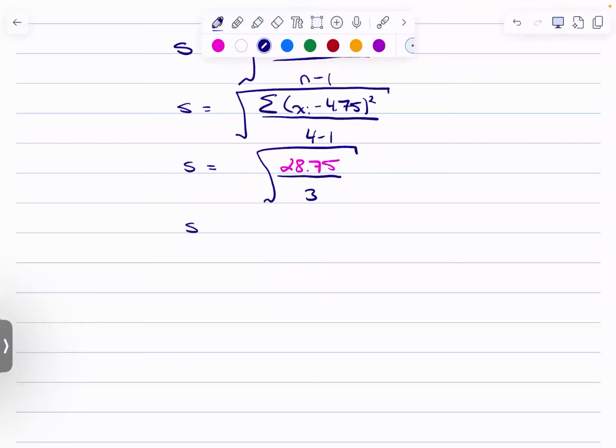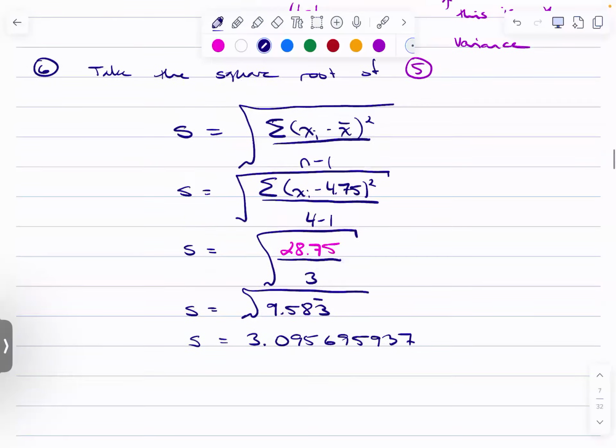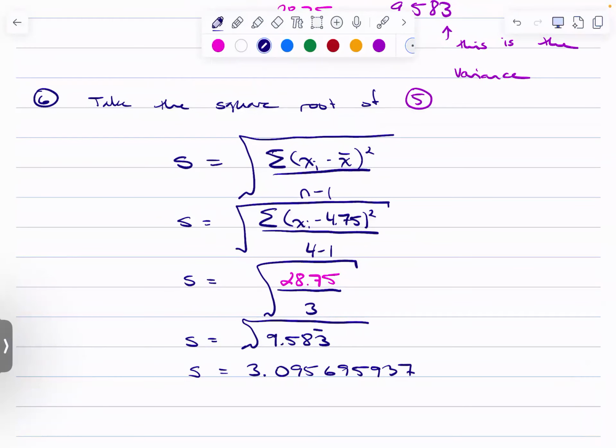And I get S is the square root of 9.58333 repeating. Take the square root of that. I get S is roughly 3.095695937. Continues, of course, but I can't see anymore. And that's usually good enough.